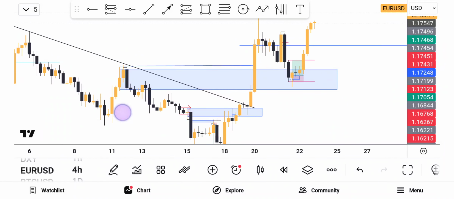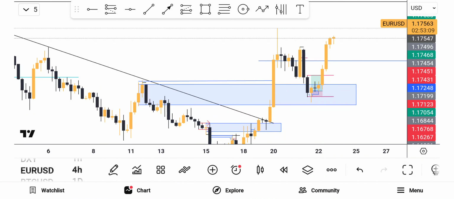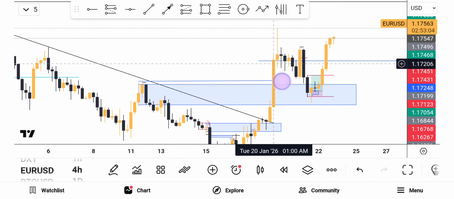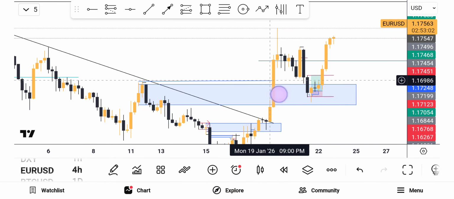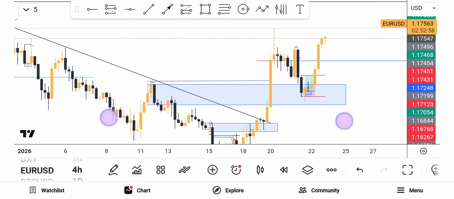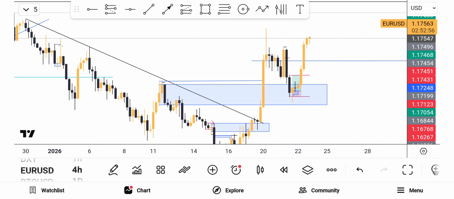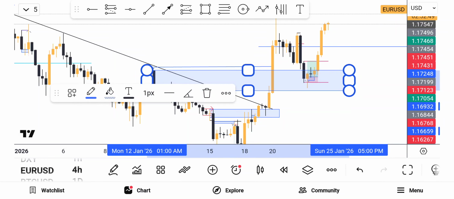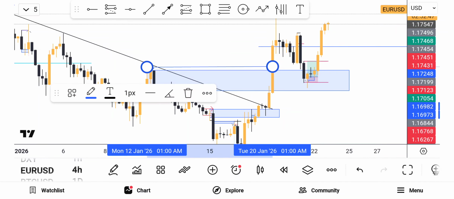Boom. So we see that there was the FVG here, this candle, which is the key level, but I use the breaker block instead. So this breaker block here, that's what I use instead of the FVG that was here.